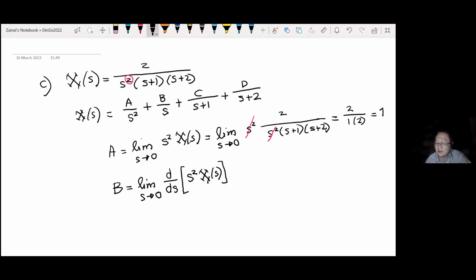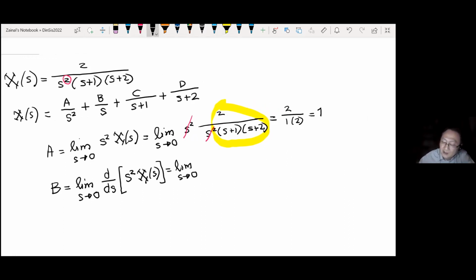So you have the limit as S approaches 0, and you derive that one with respect to S. You still remember, if you have y equal to u divided by v, then y dash, the derivative of y, is equal to, what is it? (u dash v minus u v dash) over v squared. Still remember?